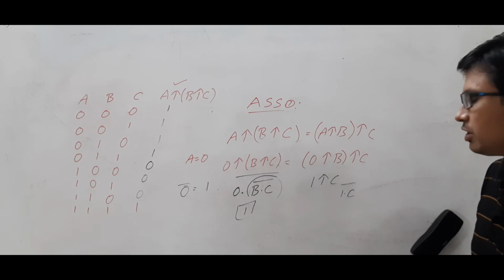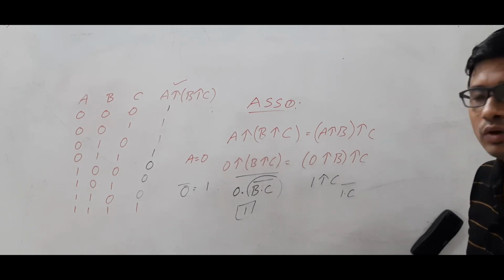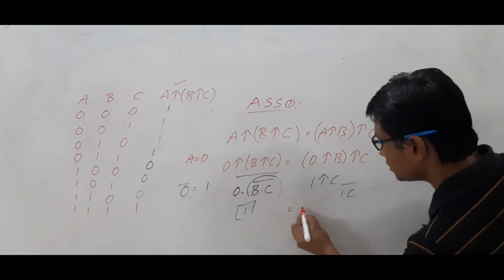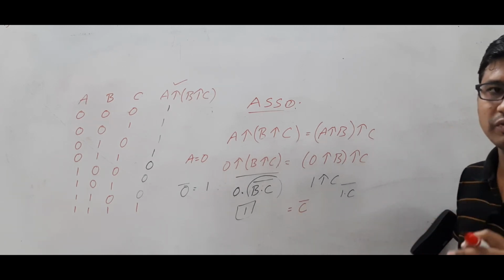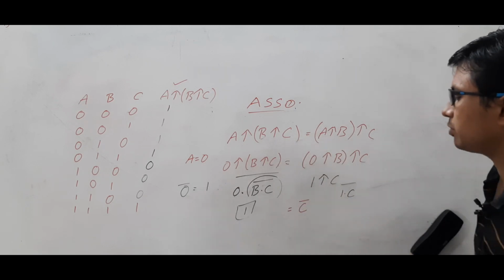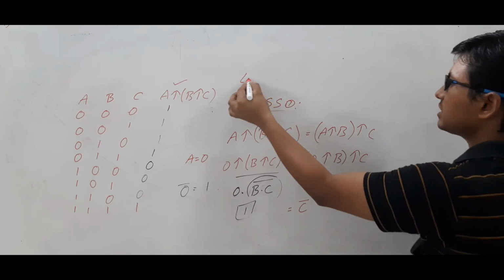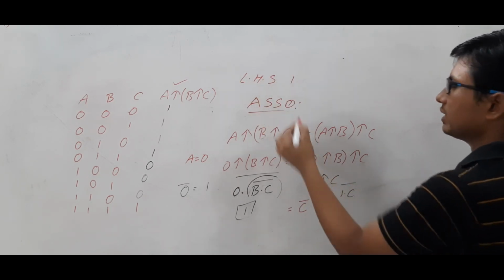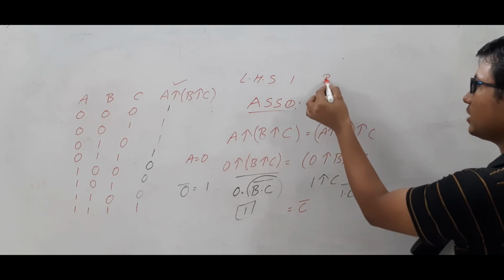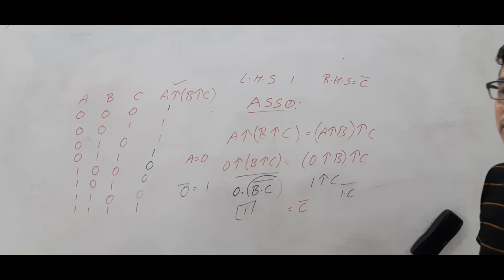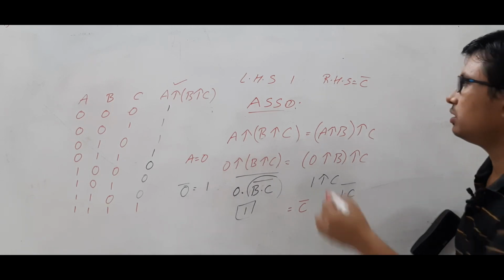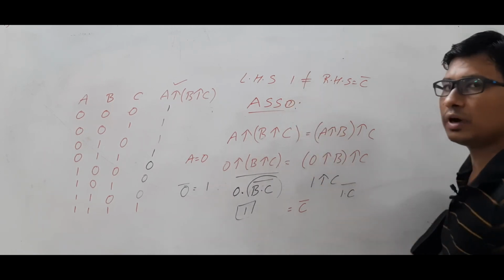Will you agree with me or not? 1 and C whole complement is equal to C complement. Why? 1 and C can be simplified as C, and its whole complement. So on the left hand side I got 1, on the right hand side I got C's complement. Is the left hand side equal to RHS? No, LHS is not equal to RHS.